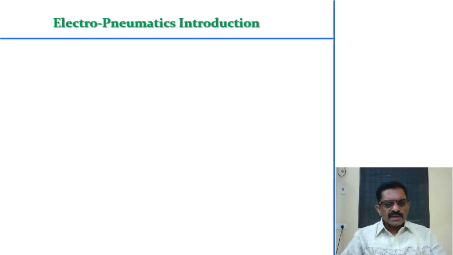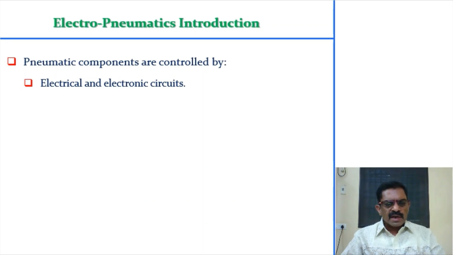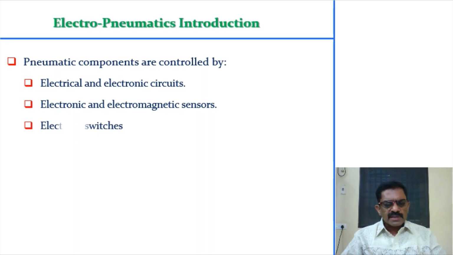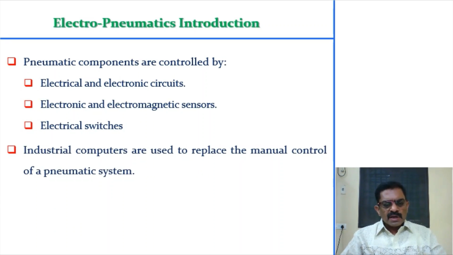So in electro-pneumatics, pneumatic components are controlled by electrical and electronic circuits, electronic and electromagnetic sensors. So sensors play a major role here, that we are going to see a few sensors, and electrical switches. So switches are very important. There are different types of switches, and industrial computers are used to replace the manual control of pneumatic system.